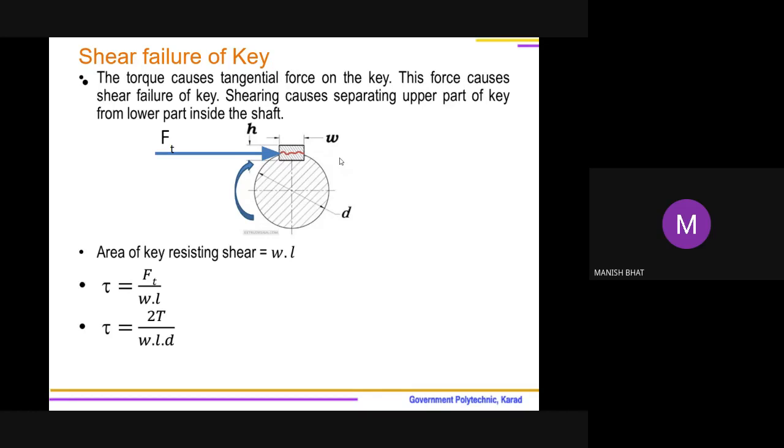So can you estimate the area? Lengthwise it is cut. So you can imagine that this is W, it is a rectangular area naturally. This is W multiplied by length, W into L. So it is a rectangle, correct?